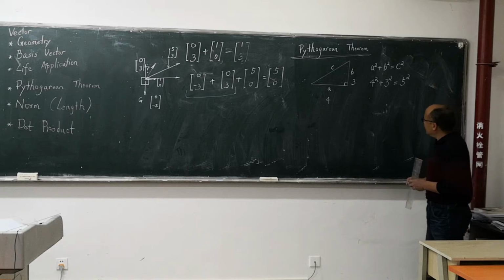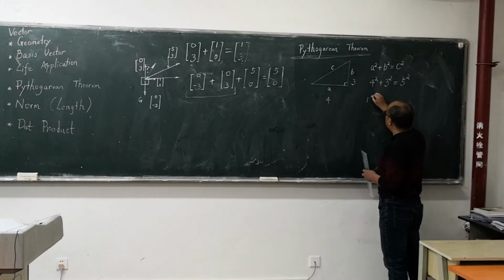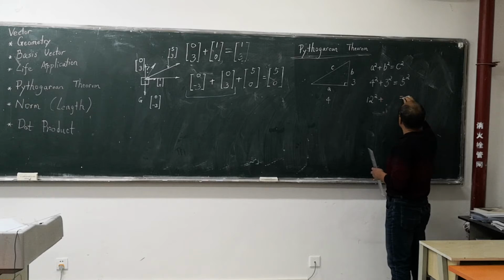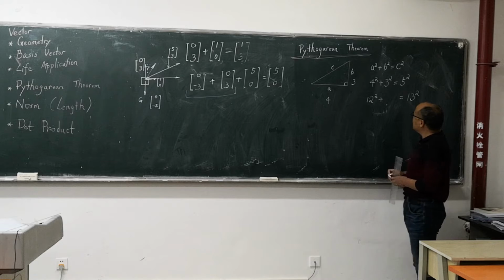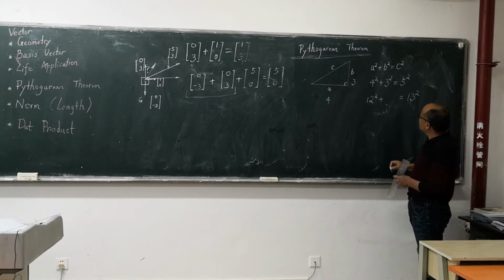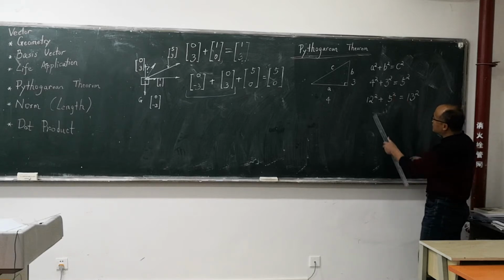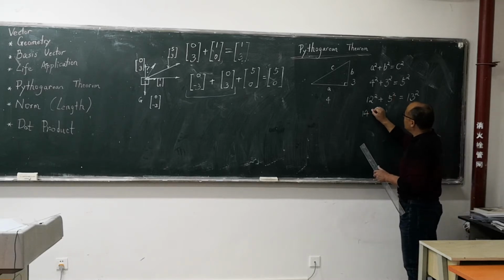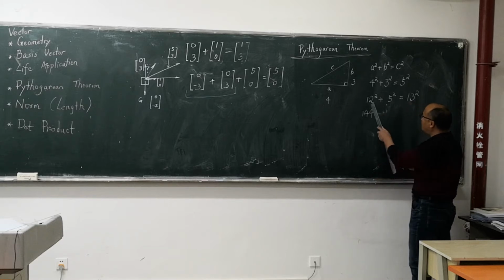Pythagorean triple. And there's another one, 12 squared plus 5 squared equals 13 squared. Is this correct? I don't remember. So this is 144. Let me check. 144 plus 25. Yes.